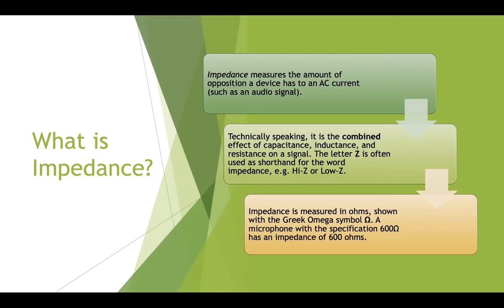A circuit will have resistance for sure, but if you combine all the other effects besides resistance, like inductance from transformers, the capacitance of capacitors in the circuit or condenser microphones, all these things will work together with resistance to delay the signal, to impede the signal, right? Hence the term impedance. So we use the letter Z as shorthand for impedance. So you'll see high Z or low Z, or if you know American pronunciation, high Z or low Z.